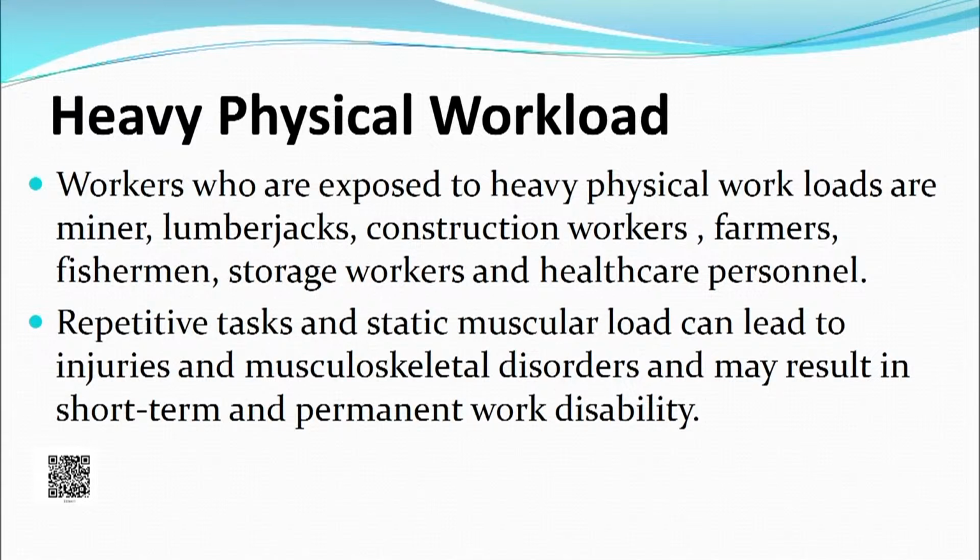So we can say heavy physical workload workers are those exposed to heavy physical workloads, such as miners, lumberjacks, construction workers, farmers, fishermen, storage workers and healthcare personnel too. Repetitive tasks and static muscular load can lead to injuries and musculoskeletal disorders and may result in short-term and permanent disability. Unshielded machineries, unsafe structures and dangerous tools are some of the most prevalent workplace hazards.